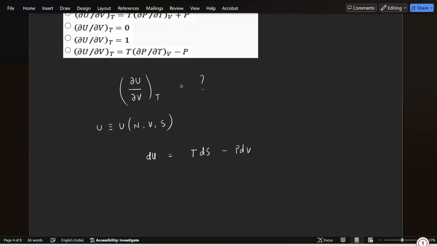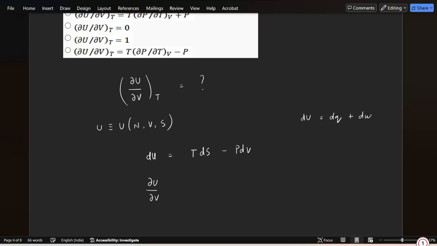This follows from dU equal to dq plus dw, where dw is minus P dV and dq is T dS. That's quite natural. Now we are going to differentiate this dU with respect to V at constant temperature.